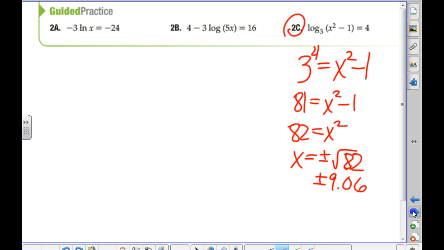The first thing you had to do was square the x. So does it matter if we put in a negative? No, it's going to become positive 82 as soon as we square it. So this one does have 2 solutions. Don't be too speedy to throw away negative solutions.